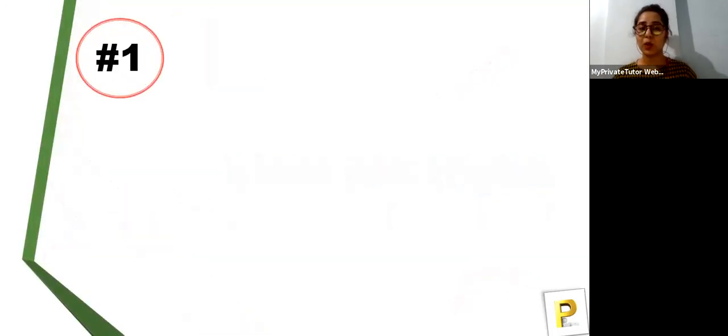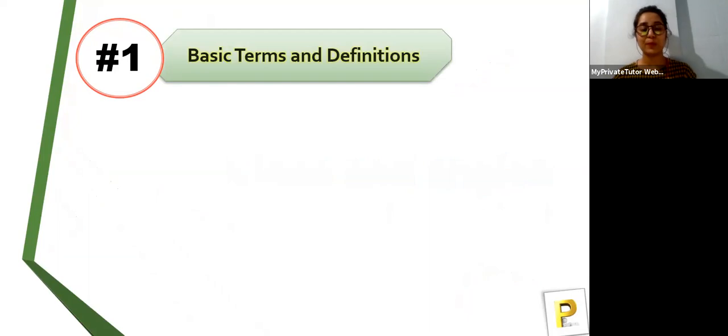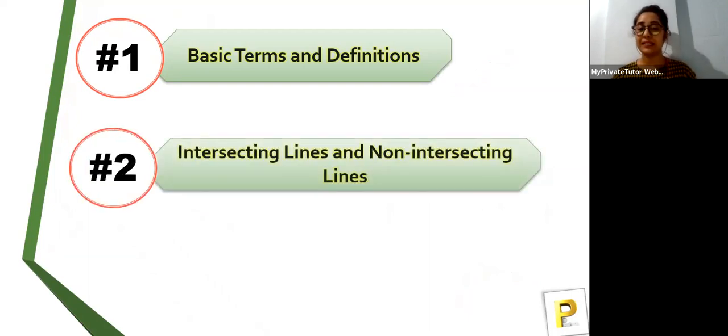So let's see what we have today in our session, the learning agenda for today. Number 1 is basic terms and definitions. I'll keep a bit of a secret about that, and I'll tell you when I explain. The second part is intersecting lines and non-intersecting lines.